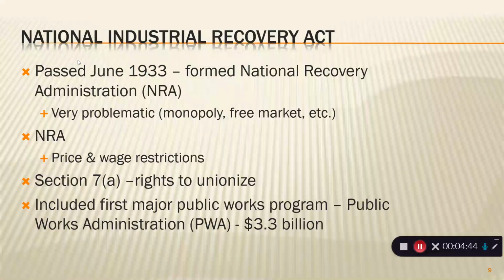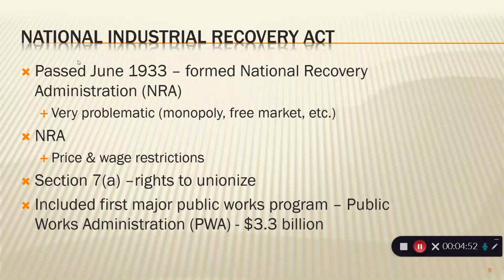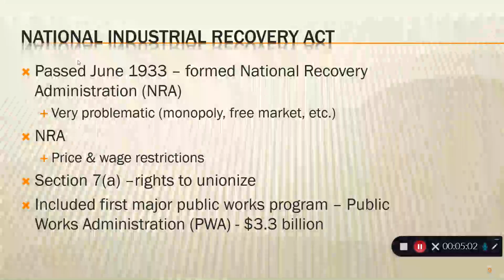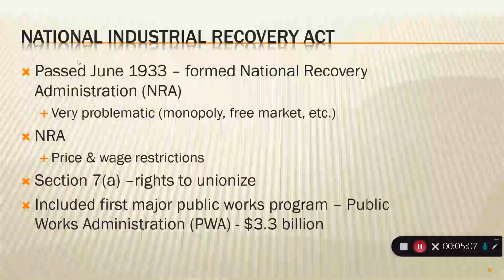It also includes provisions that have to do with union organization. Section 7A of the National Industrial Recovery Act guarantees workers in certain occupations the right to form unions. So this is really the first time that the national government has provided that protection for organized labor.